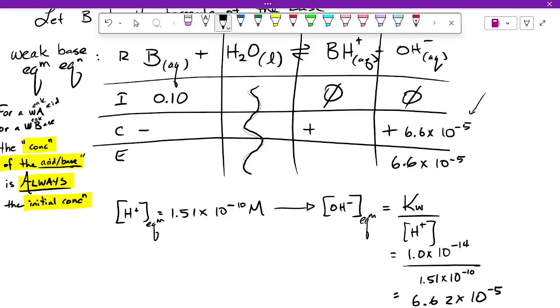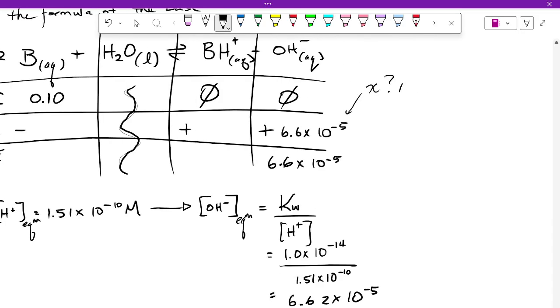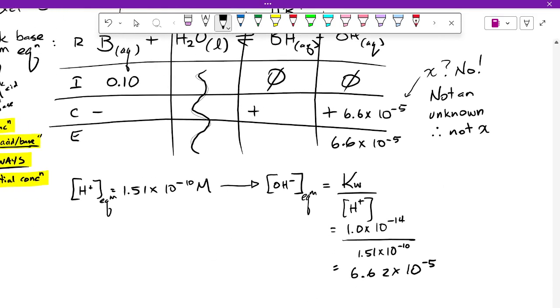Should you be putting an X in here? No, because it's not an unknown. And because it's all 1 to 1 to 1, everything's going to be 6.6 times 10 to the minus 5, 6.6 times 10 to the minus 5, and 6.6 times 10 to the minus 5.